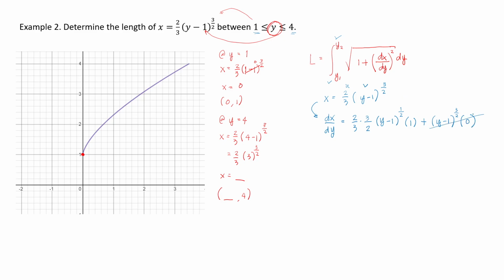So still 0 on the right side, di ba? So meaning your dx over dy is just equal to, this one cancels out, also the 3 cancels out. So what is left is just y minus 1 to the power of 1 half. Di ba? So it looks like we did a lot, but the outcome is just a simple equation.